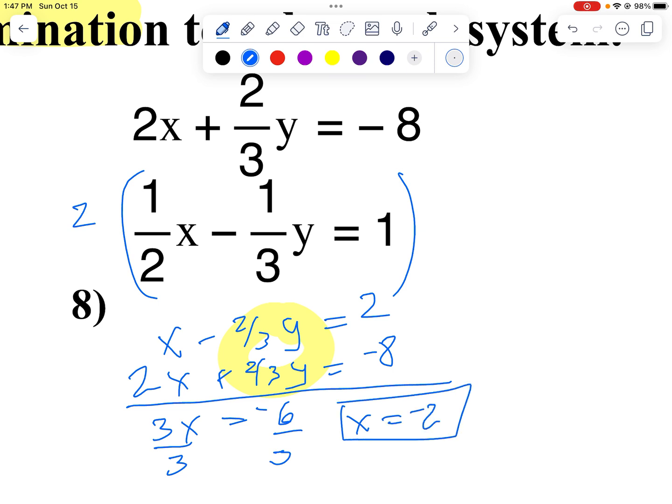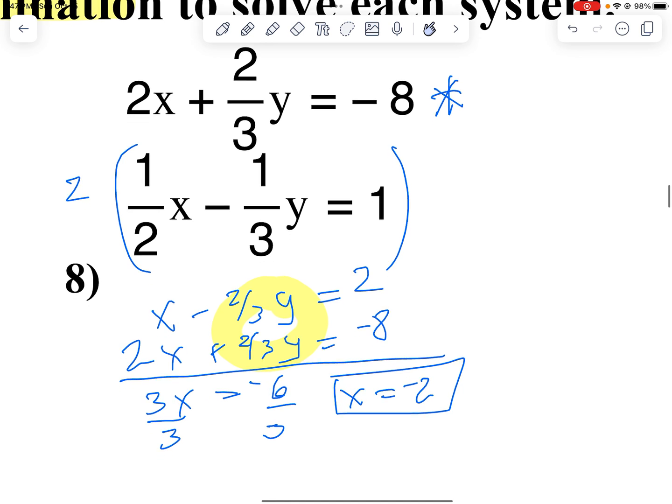Now let's find y. And I don't think it really matters which equation we use. None of them are going to work out nice. Let's use the top one. So in my top one, I want to move my screen up here so we can write a little bit more.